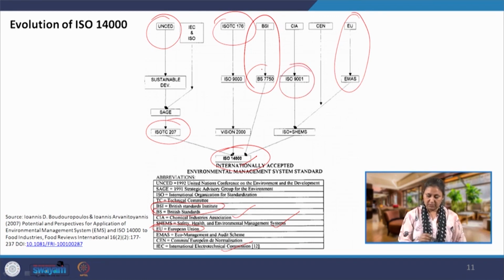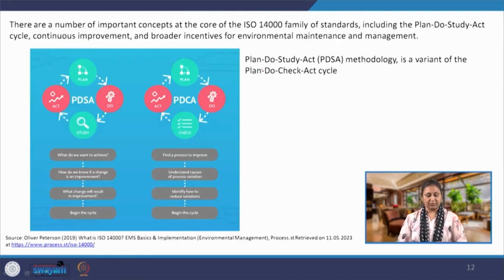So, here we are talking about ISO 9001, ISO Technical Committees 207 and 176, UNCED, the European Union, British Standards, all of them contributing to the development of the ISO 14000 series. We are talking about ISO 14001 for the first time, and then we will move on to ISO 14064.